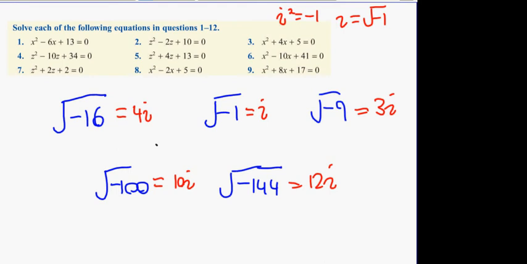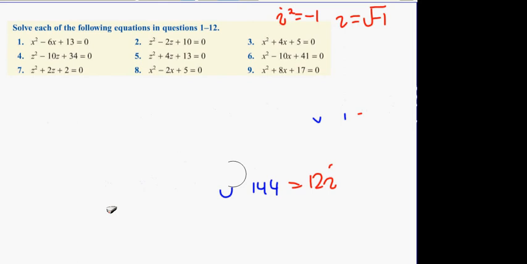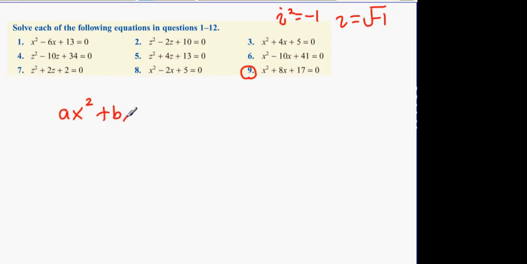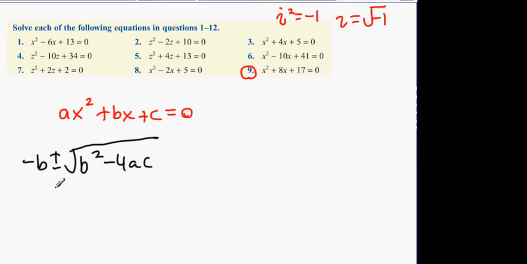Okay, now let me show you what else is going to happen. We have a standard equation, like let's say number 9. Number 9, we're going to have this x squared. Now remember, in your table, it's ax squared plus bx plus c equals 0, and it gives you the minus b formula as minus b plus or minus the square root of b squared minus 4ac all over 2a.